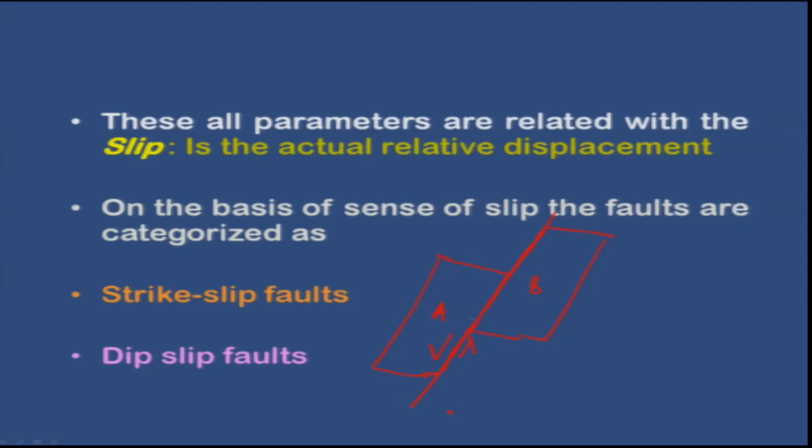Along with this, we will also come across a slip along the dip of the fault plane. Like the bedding planes, we also have the fault plane along which the displacement will take place. Based on this we can classify the faults.